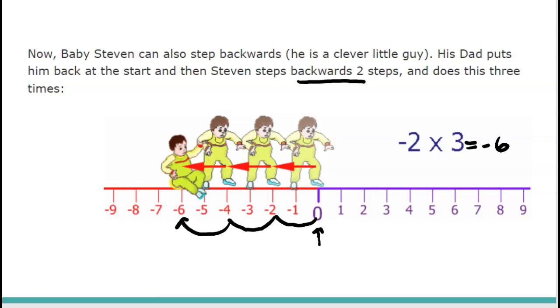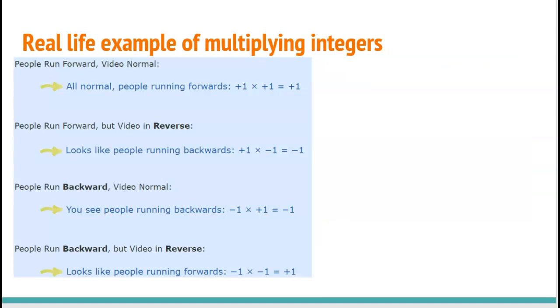Now, here are also some real life examples of multiplying integers that are not necessarily numbers. Again, you don't need to copy this slide down. What happens if you see people run forward and you play the video normally?